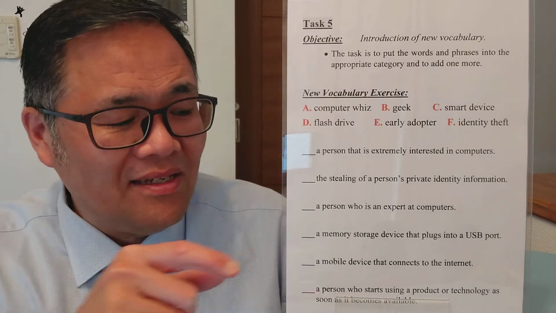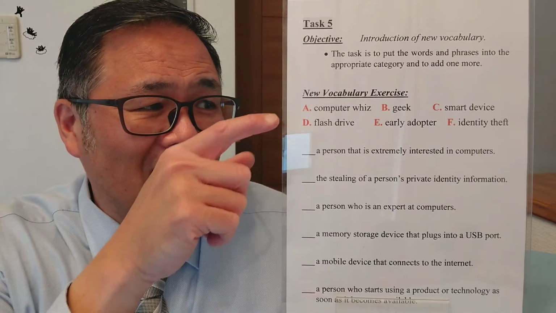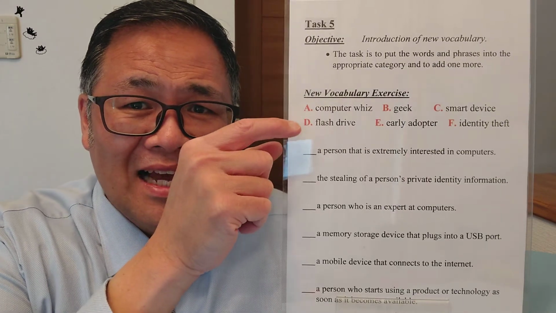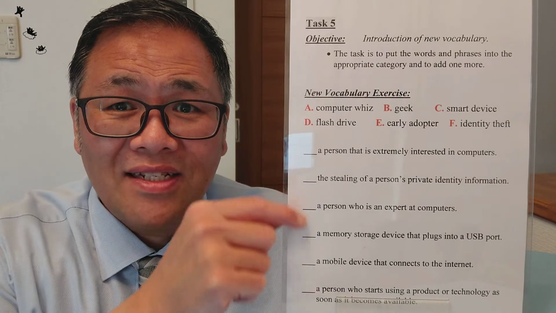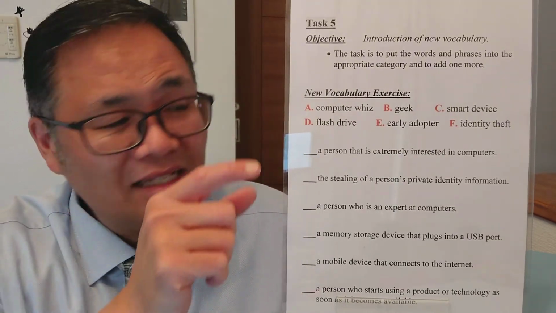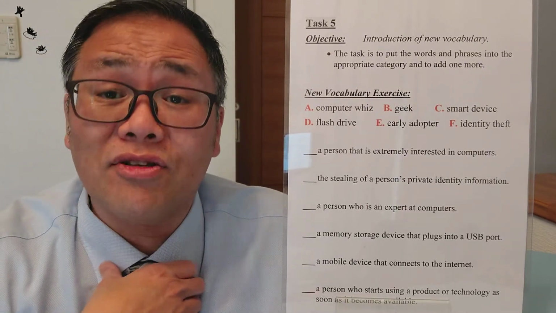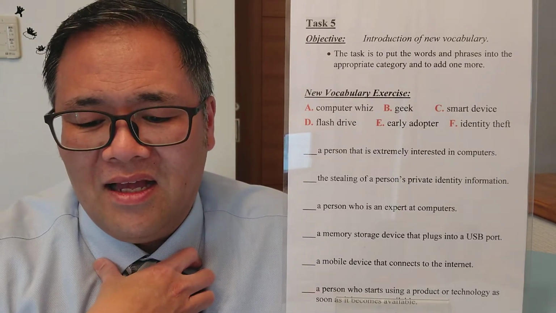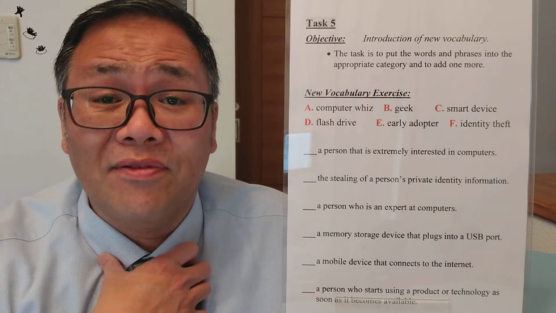As an exercise, here I have the meanings of those words. With this exercise you've got A, B, C, D, E, F. Please find which sentence matches each word or expression. Let's go through the sentences. A person that is extremely interested in computers. The stealing of a person's private identity information.